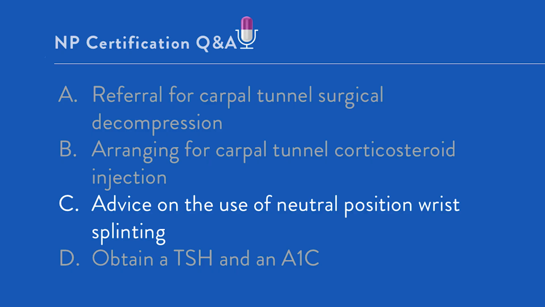Option A, referral for carpal tunnel surgical decompression. This person has had CTS symptoms for a relatively short period of time, 4 months. I'm not minimizing how miserable and how concerned she might be. However, it's only 4 months, and she has intact hand strength and no thenar atrophy.